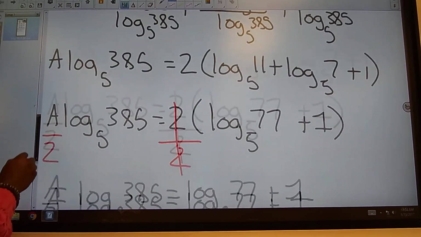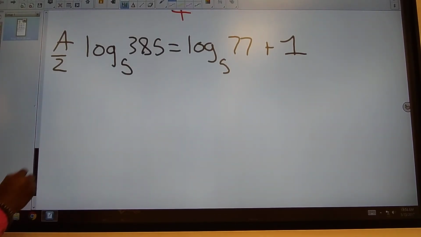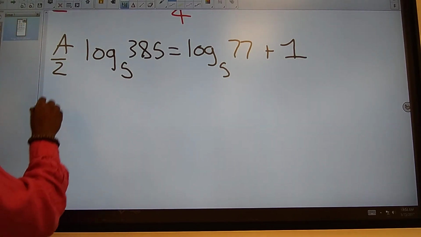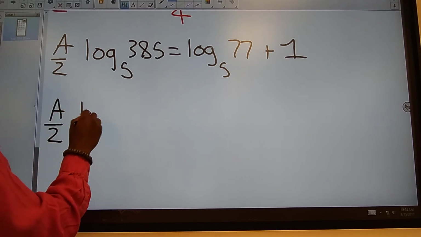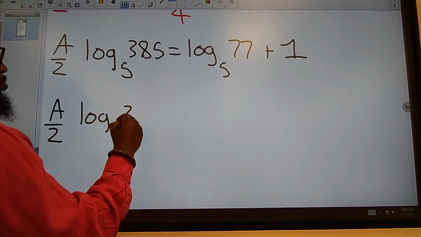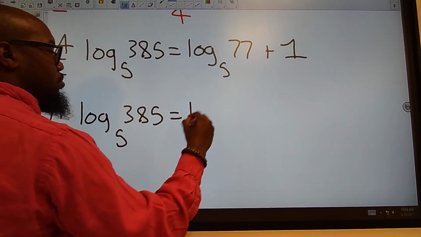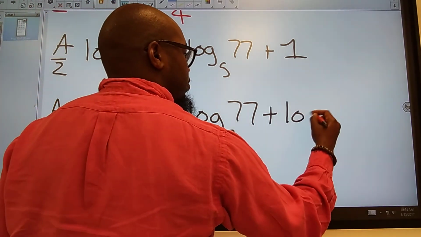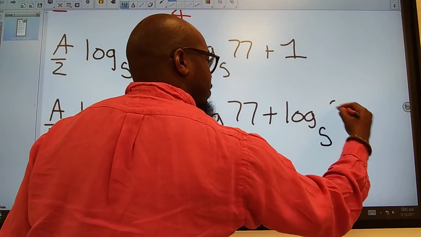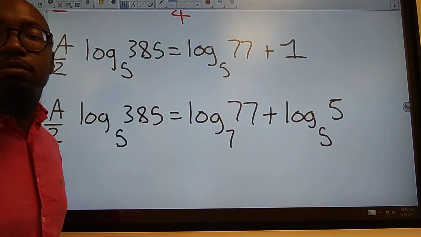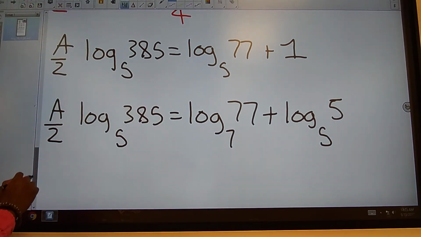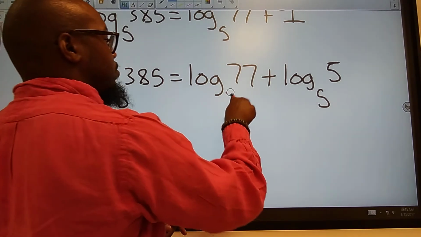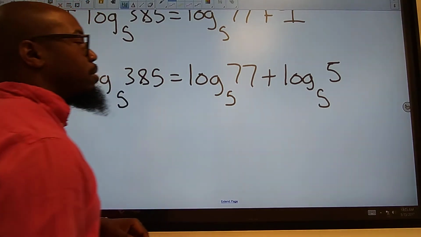So I'm going to change that 1, since my base is 5, to being log base 5 of 5. It's the same thing. Okay. This is supposed to be a 5 right here. Sorry about that.